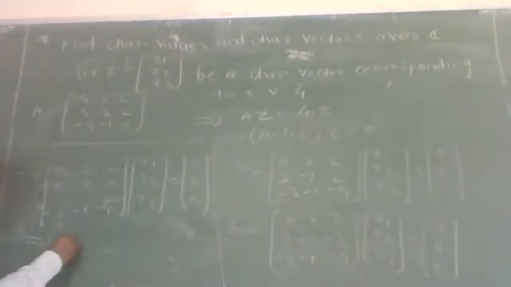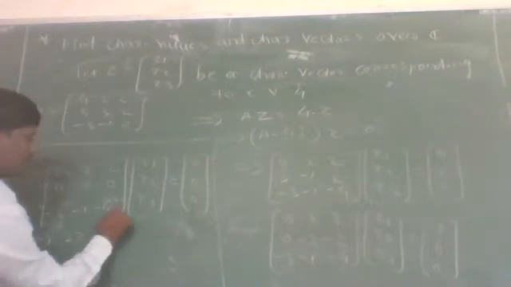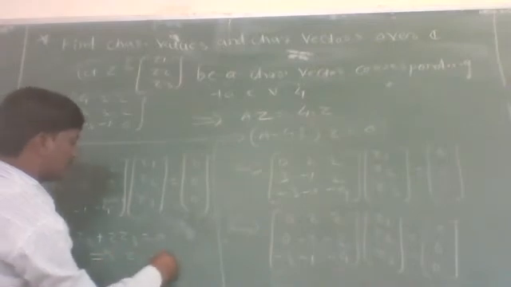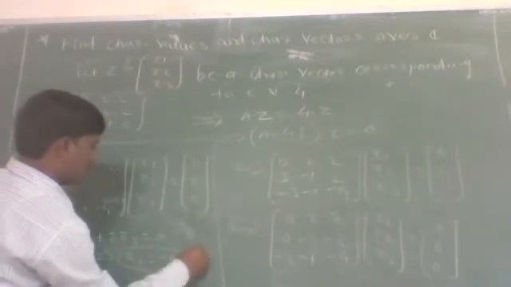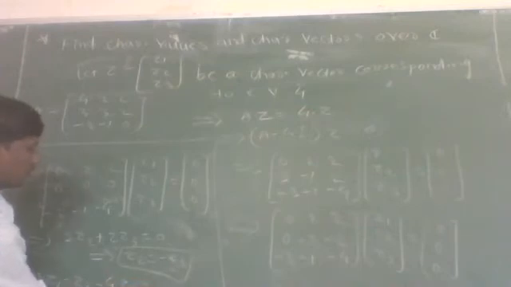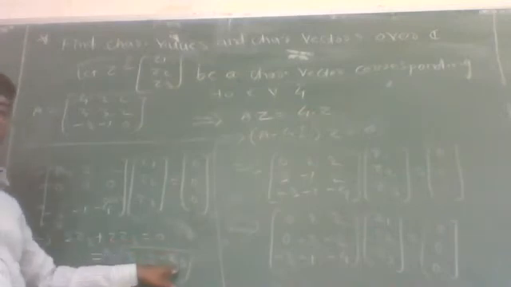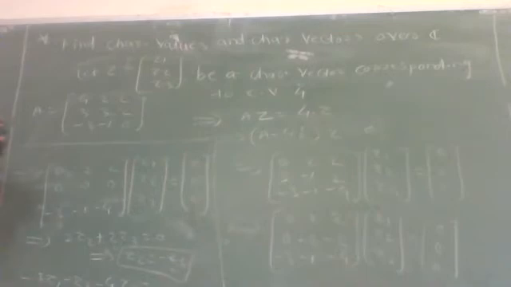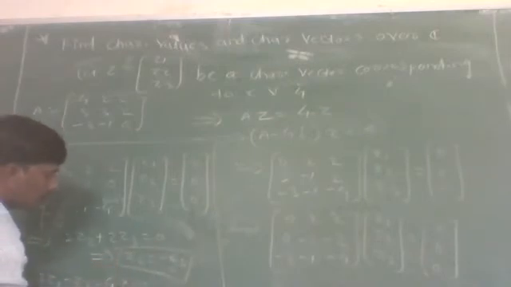2z2 plus 2z3 is equal to 0, which implies z2 is nothing but minus of z3, and minus of 3z1 minus z2 minus 4z3 is equal to 0. But z3 is minus of z2, which implies minus of 3z1 minus z2 plus 4z2 is equal to 0.